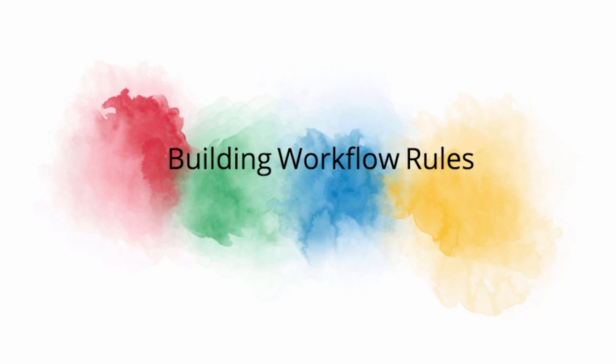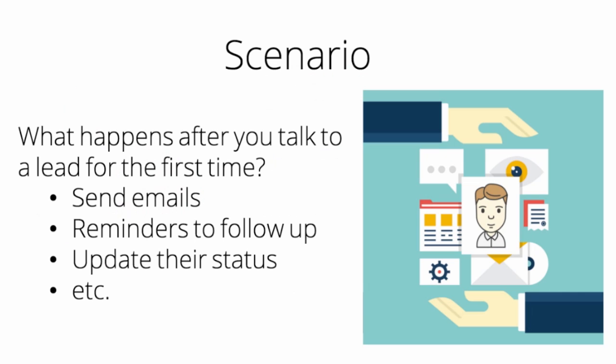So let's go ahead and talk about building workflow rules. I'm going to show you in our product how to do it. I just kind of want to set up the scenario before we jump into the demo. And so our example we're going to use is staying along the same lines of rental leads coming in or buyer leads coming in.